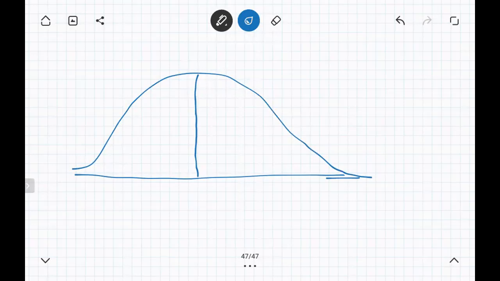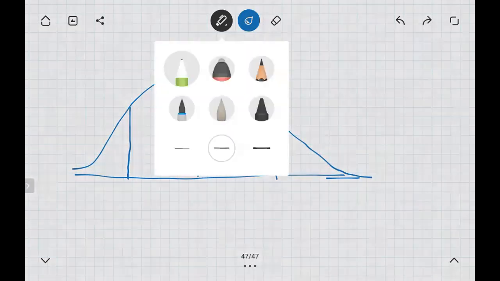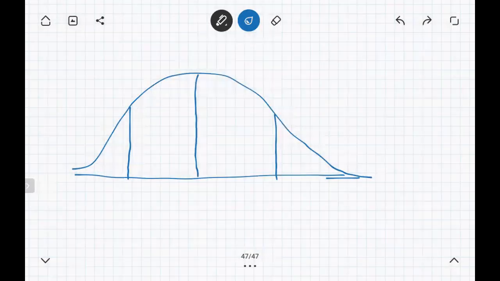For example, for 1%, you have something like this. Just as an example. So this whole area is the acceptance area for 1%.